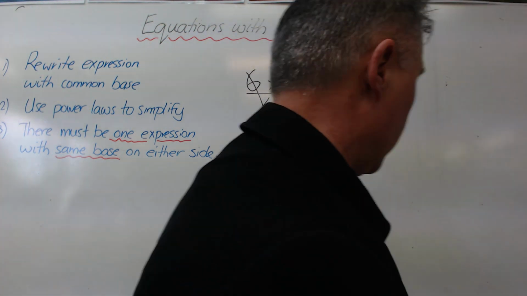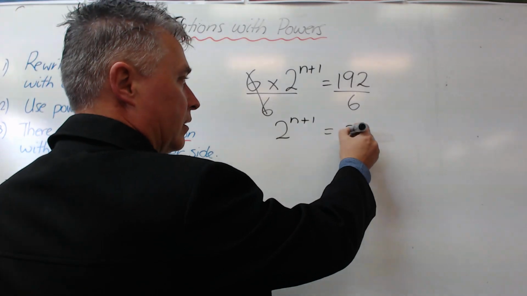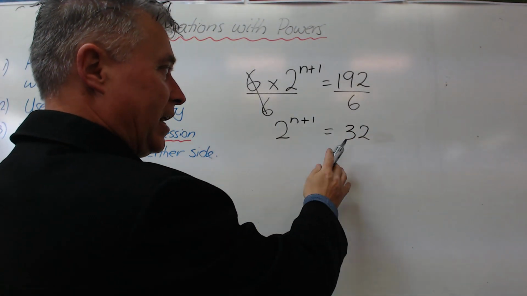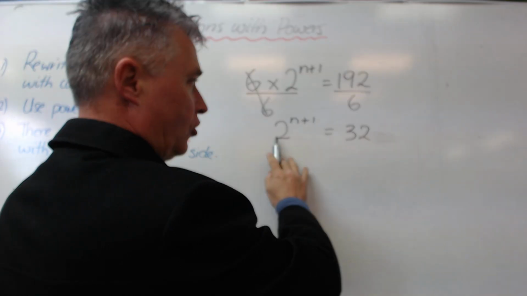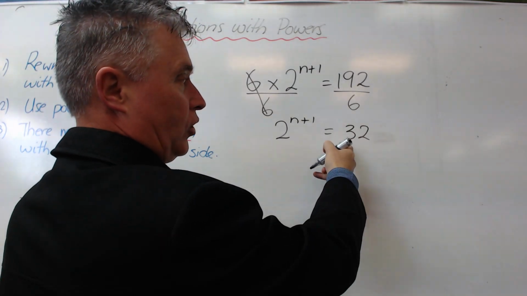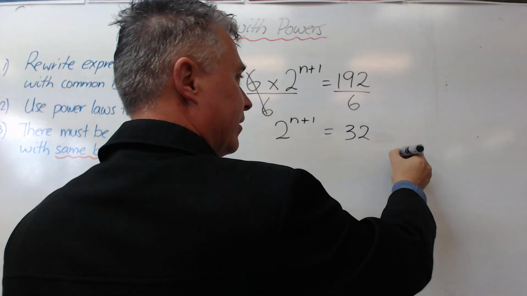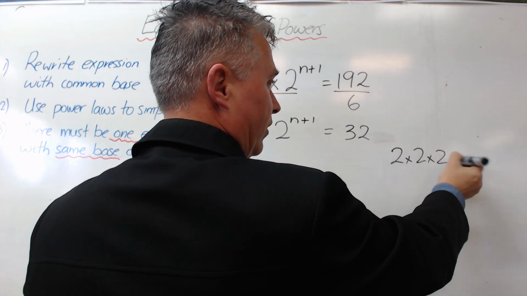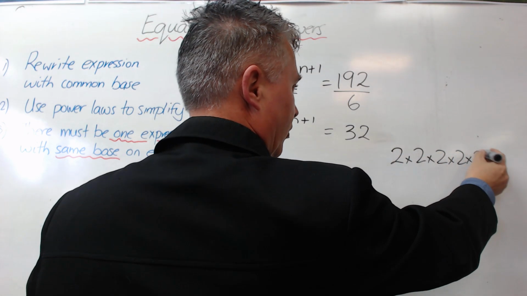Okay, it gives us 32. Cool, easy number. Now I can think of a base, because getting 32 from a base of 2 is a little bit easier than trying to get 192. 2 times 2 is 4, times 2 is 8, times 2 is 16, times 2 is 32.